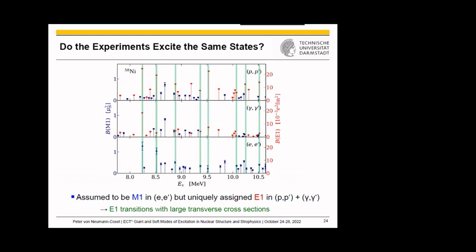I fully agree. It wouldn't, in my eyes, be an independent signature. But if you have a theory which describes, for example, this electron scattering data, and the same theory can predict this kind of behavior in the proton scattering, it's some additional confirmation, I would say.